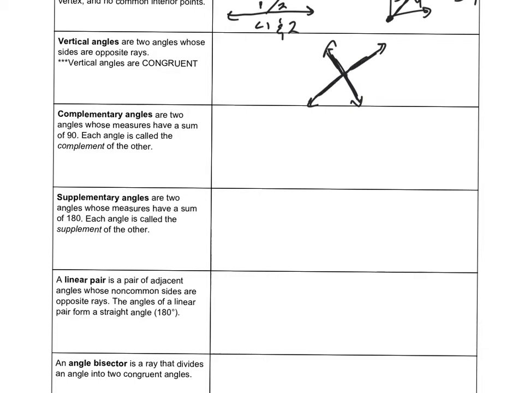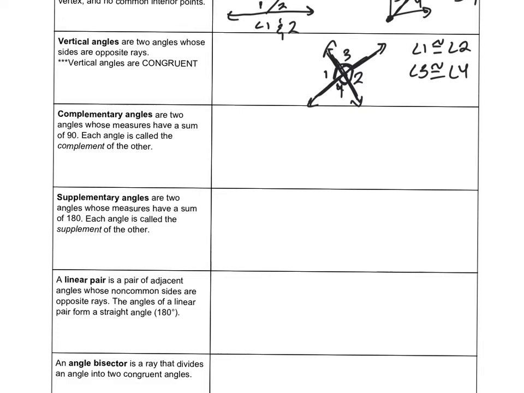Let's call these angles 1, 2, 3, 4. The angles that are opposite, so angle 1 and angle 2, are congruent. So angle 1 is congruent to angle 2, and angle 3 is congruent to angle 4. They have to have sides that are opposite rays.